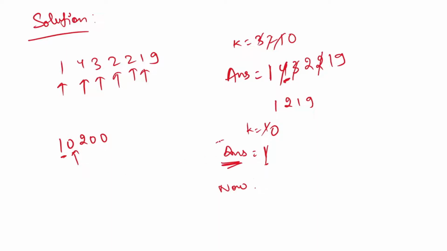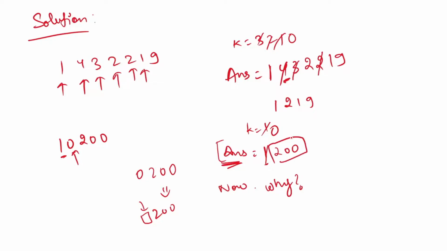If my answer length is 0 and this digit is also 0, then I will not include it. Why? Because 0, 100 and 200 are the same thing in that sense, and the question says we do not have to return leading zeros. So I will not include it, and I have removed all of them, so I will return the remaining digit.